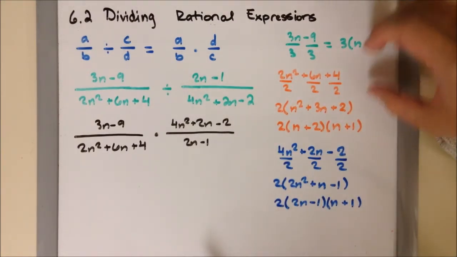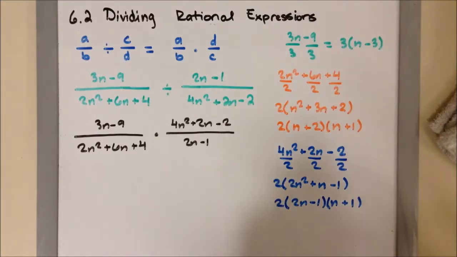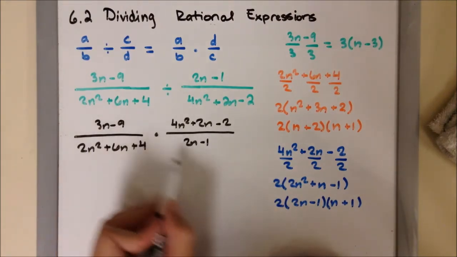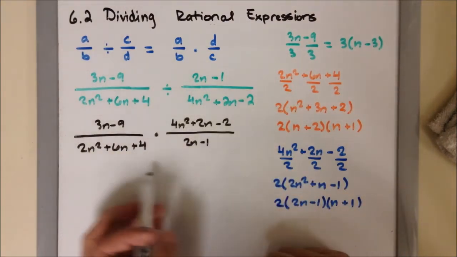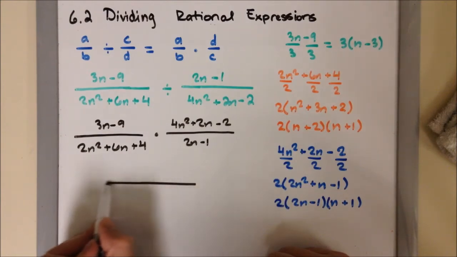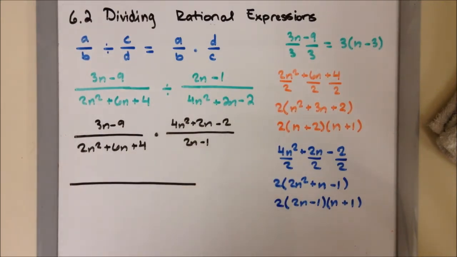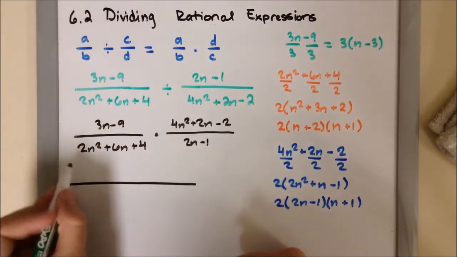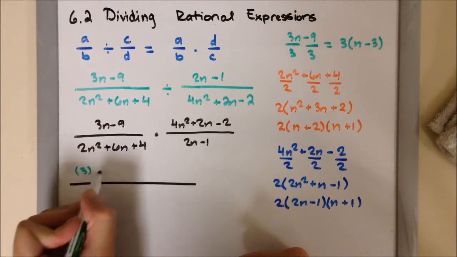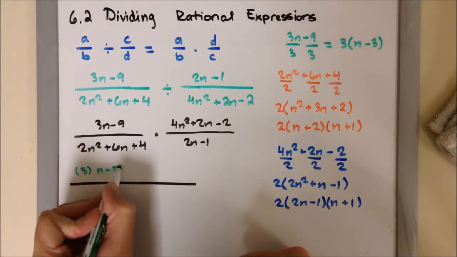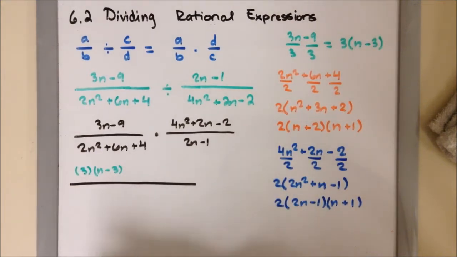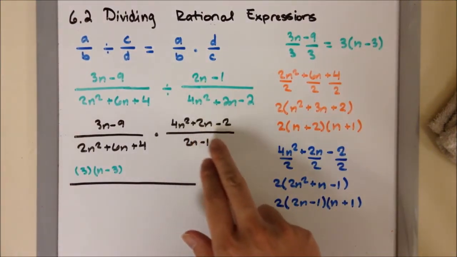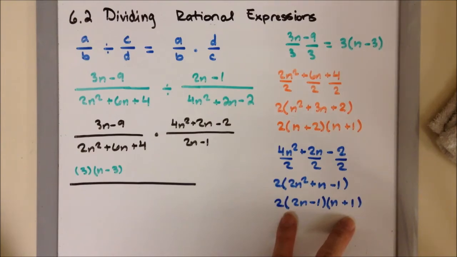Here are my three sets of factors that I'm going to put back into the fraction. Since they're multiplying, I'm going to put them next to each other as one big fraction. The 3n minus 9, I'm going to put in its place. The 4n squared plus 2n minus 2, I'm going to put in its place.